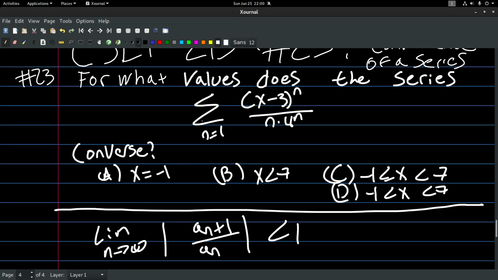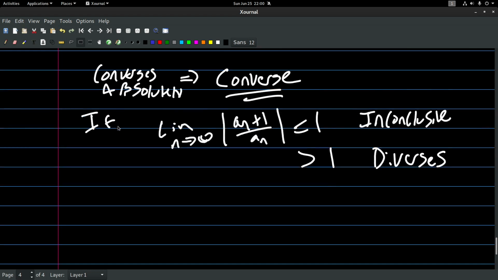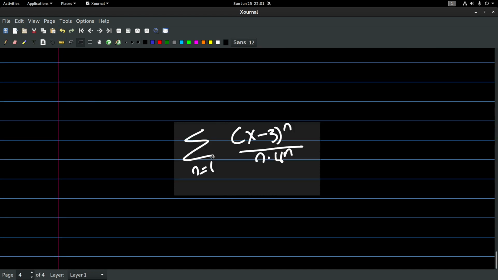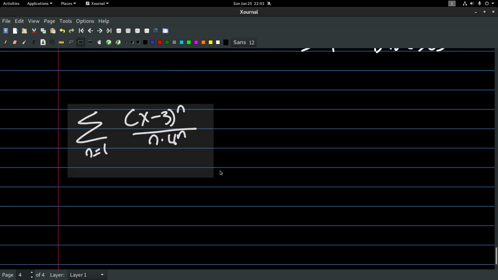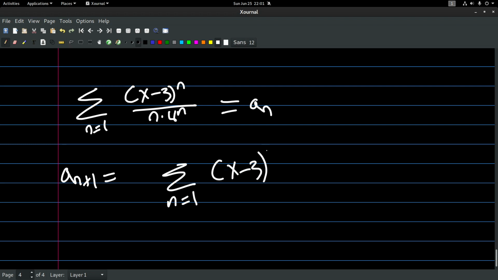Okay, so let's put this to the test. I'm going to copy it. So that's a_n. a_(n+1) equals, with n starting at 1, (x minus 3) to the n plus 1 divided by (n plus 1) times 4 to the n plus 1.